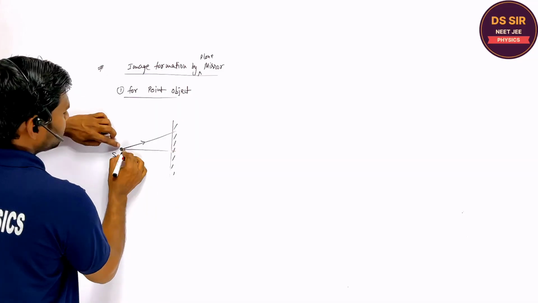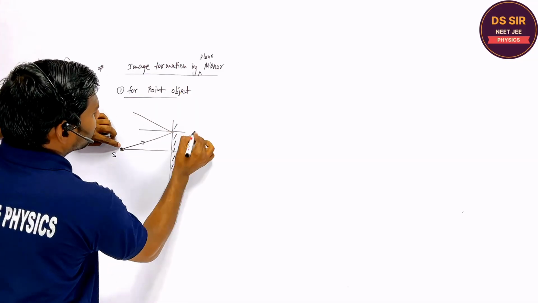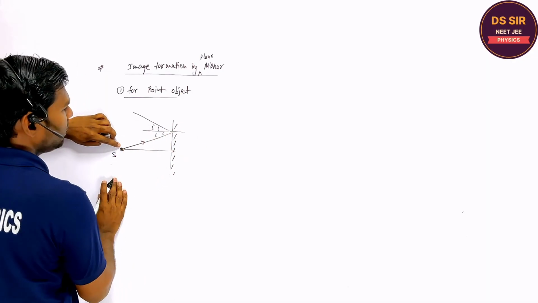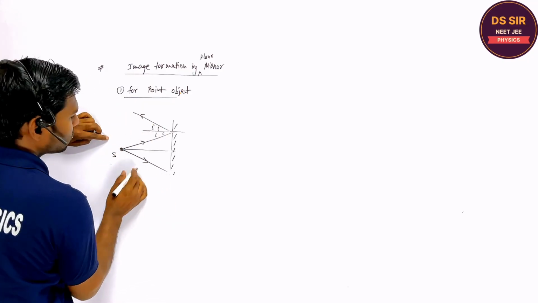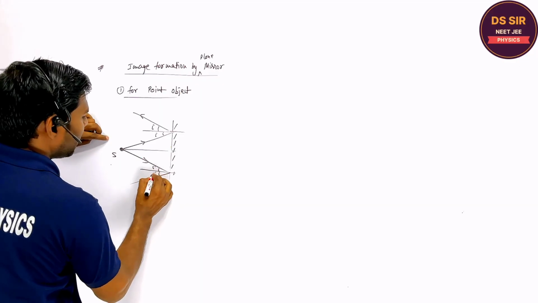Suppose I take this as one ray. When it is reflected from here, if this angle is i, this angle must be i. So this is the reflected ray. You can take one more light ray like this; this is i, this is also i.